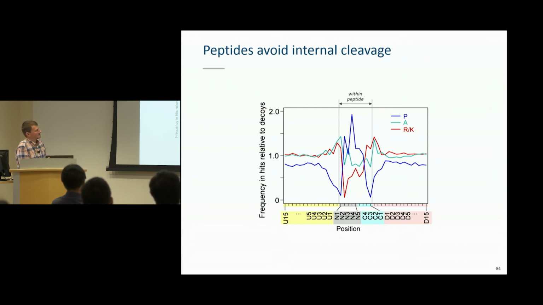And proline, which seemed to be interfering with cleavage, is depleted around the cut site, but within the peptide, proline seems to be enriched. So what we think this means is that successful peptides that end up being presented have not only been cleaved in the right site, they've avoided cleavage internally. So we have depletion of cleavable residues and enrichment of poorly cleavable residues within the peptide.